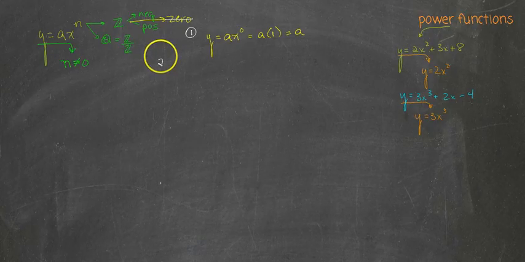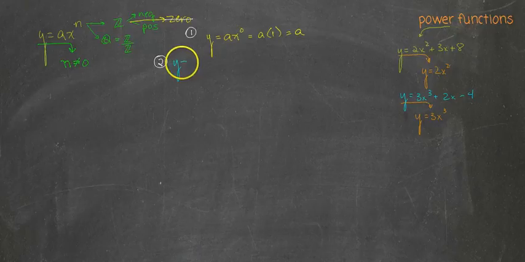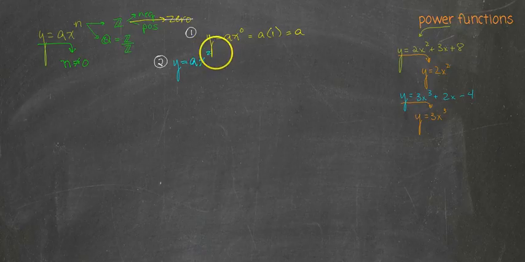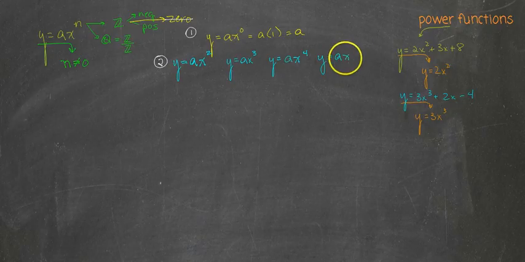So our second example, let's choose our next easiest way of looking at this and say y equals a x to the positive integer. So we could say squared, we could say y equals a x cubed, y equals a x to the 4th, I'm going to write one more, y equals a x to the 5th, and on and on and on.